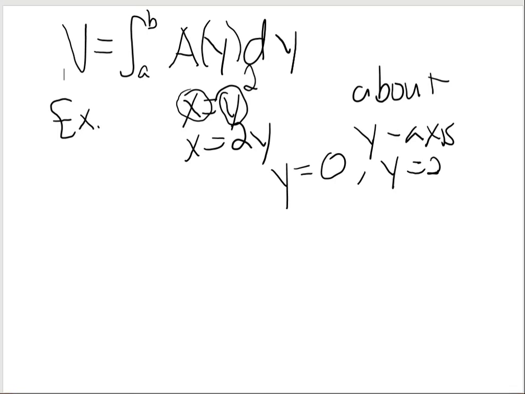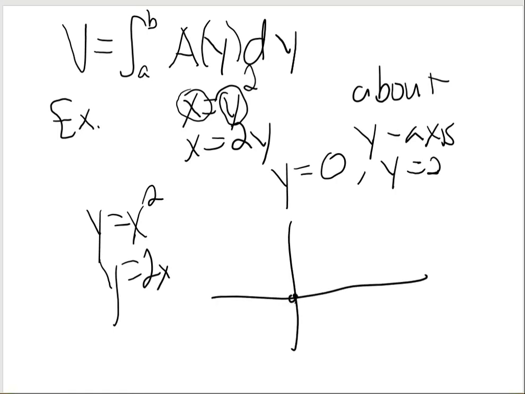Between 0 and 2 is y equals x squared on top, or y equals 2x? Well, you can graph this. The first function, you have 2, 4, and it's the line connecting them.